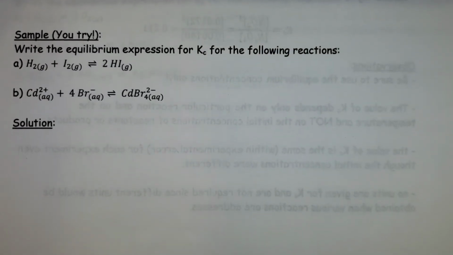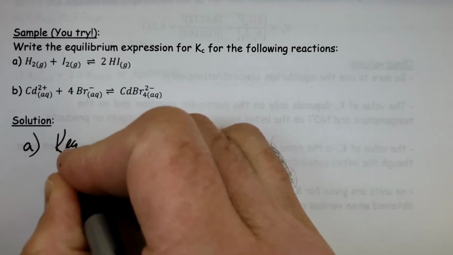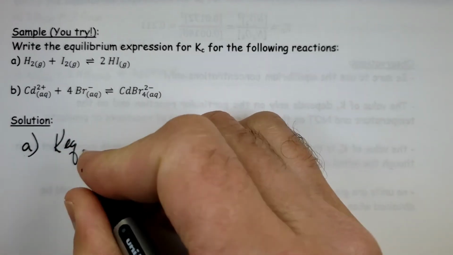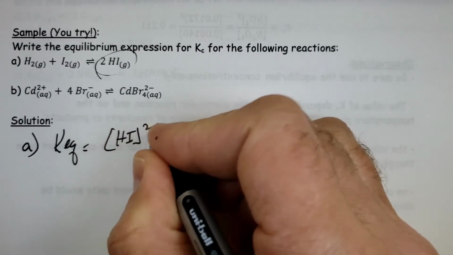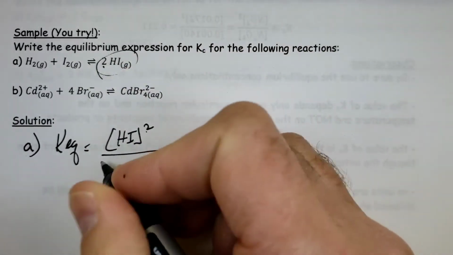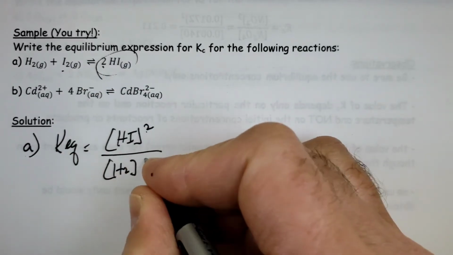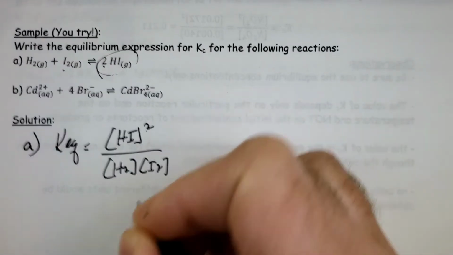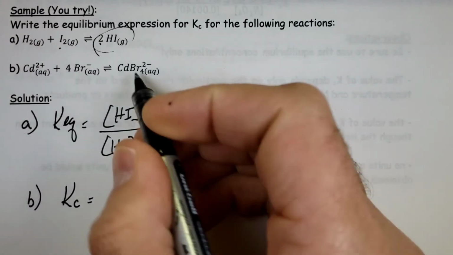Okay, if you had a chance to do those, so the first one, KEQ, product HI squared all over H2 times I2. Easy. B, I'll call it KC, doesn't matter again.